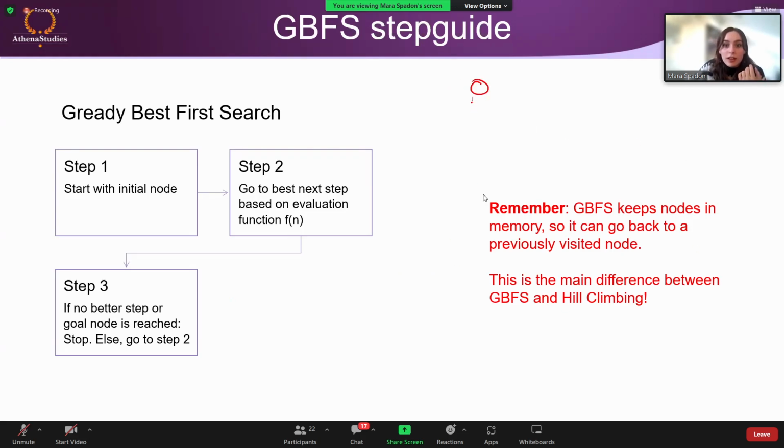So like we just had that, if you go all the way down and you find that this value is actually better than this one below, then greedy best first search can go back and then visit that one. So that's kind of the optimal thing about greedy best first search. It can go back. So this is the main difference you need to know between hill climbing and greedy best first search.